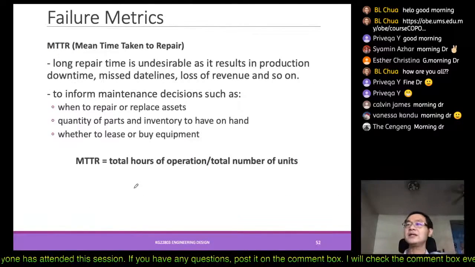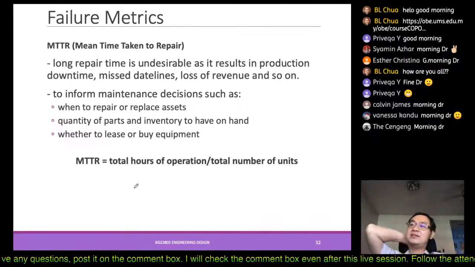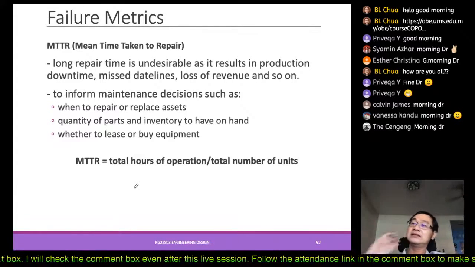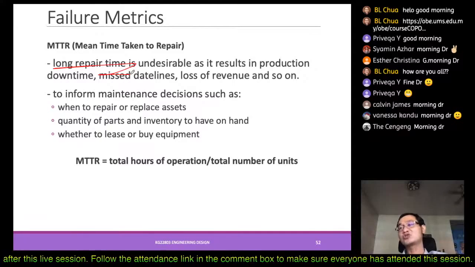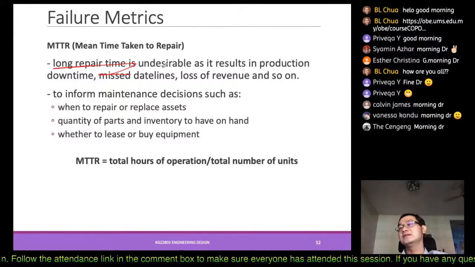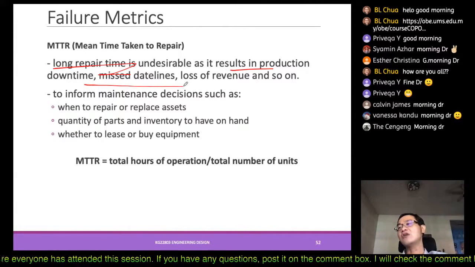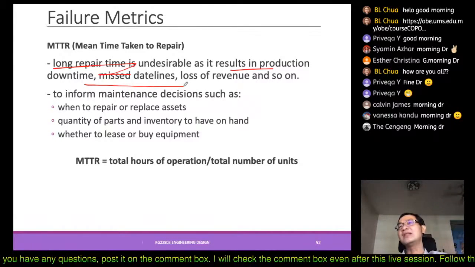Then another metric of failure is the MTTR, the mean time to repair, how long it takes to repair. So this is where you can again keep track of how long you need to repair and when you want to repair.